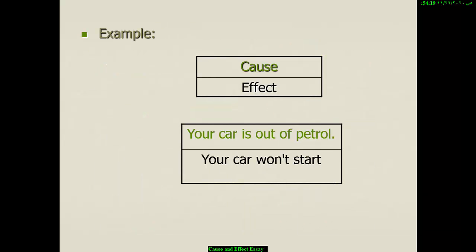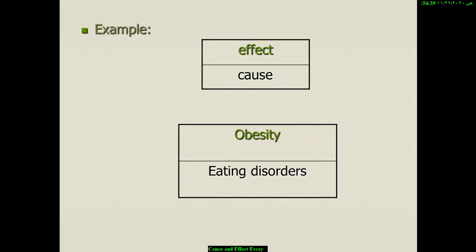What's an example of cause and effect? Your car is out of petrol. What happens as a result? Your car won't start. So that's a cause and that's a result. Another example, effect then cause: obesity may cause eating disorders.